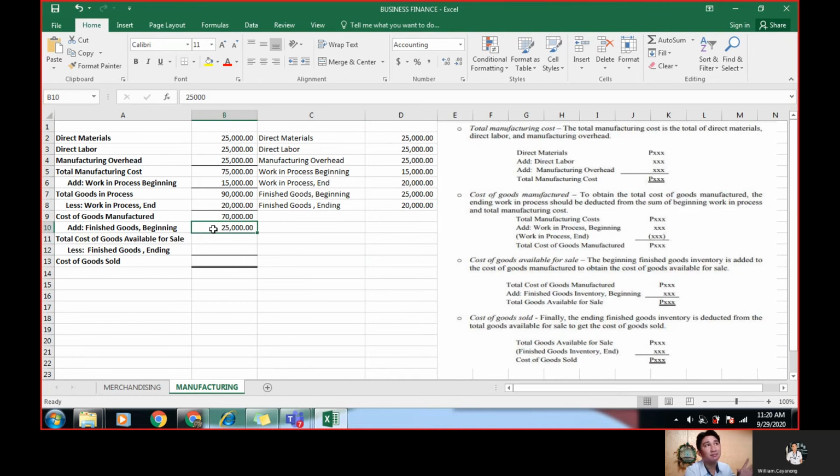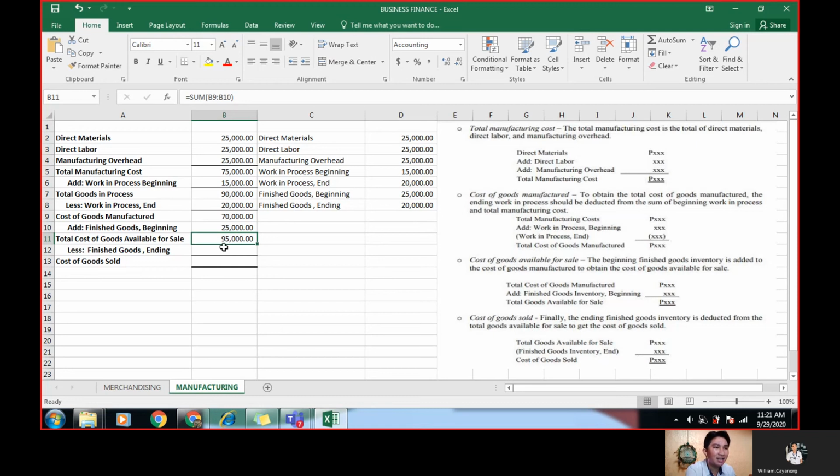Kompleto na siya last year, but it remained unsold previous year. So, i-add natin siya sa bagong gawa natin or sa bagong manufactured natin na 70,000. Therefore, if we're going to add that, auto-sum pa din tayo. Ayan, that is 95,000 all in all. Meaning 95,000 worth of goods are still or are available today currently for sale.